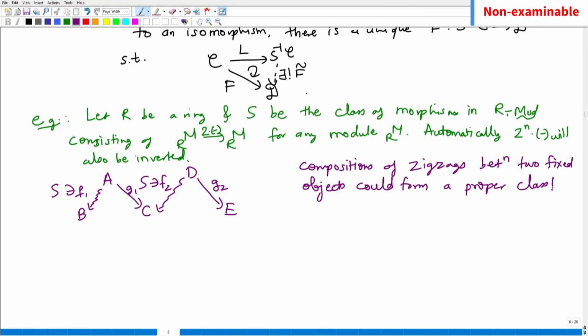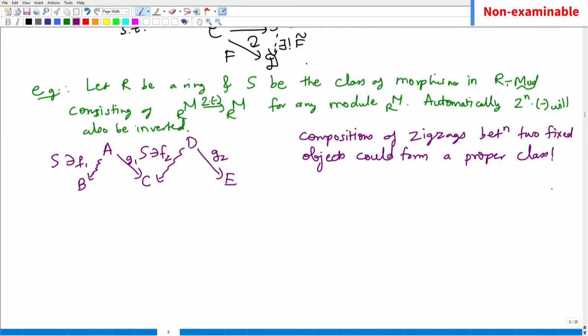Therefore compositions of zigzags can form a proper class. So even if C is locally small, S inverse C need not be. You understand? So things can go out of control very easily, and we want to control it somehow.